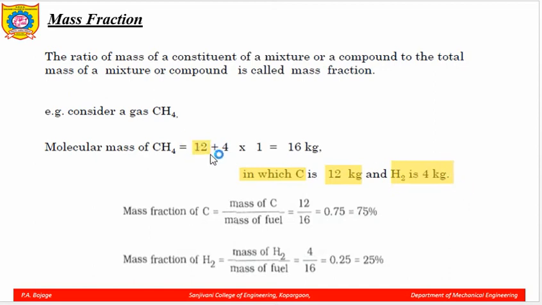So, the mass fraction of carbon, by definition, is the mass of carbon upon the mass of fuel. How much is the mass of fuel? The mass of fuel is 16 kgs. How much is the mass of carbon? It is 12 kgs. So, 12 upon 16 gives you 0.75, that is 75% of the fuel.